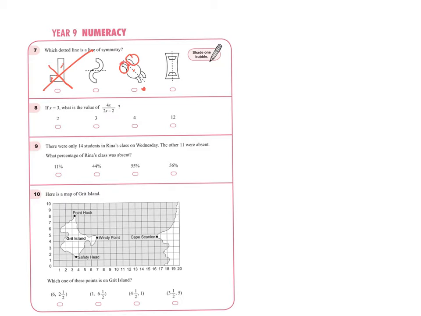You may think, oh, it does look the same or similar, but what we're looking for is, if this is the line of symmetry, any points or line on this side have to be the same distance as the point on that side.